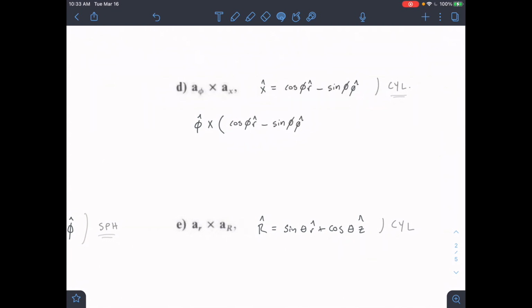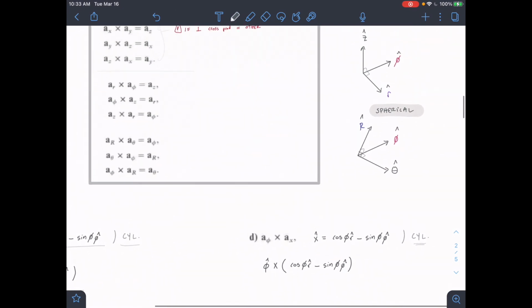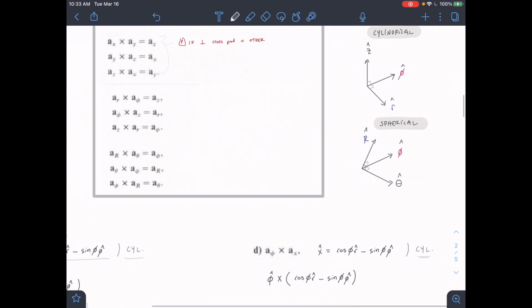For our cross product rules, I put them up here: if I cross a vector with a vector that it's perpendicular to, it's going to equal the other vector or the negative. Here's cylindrical.